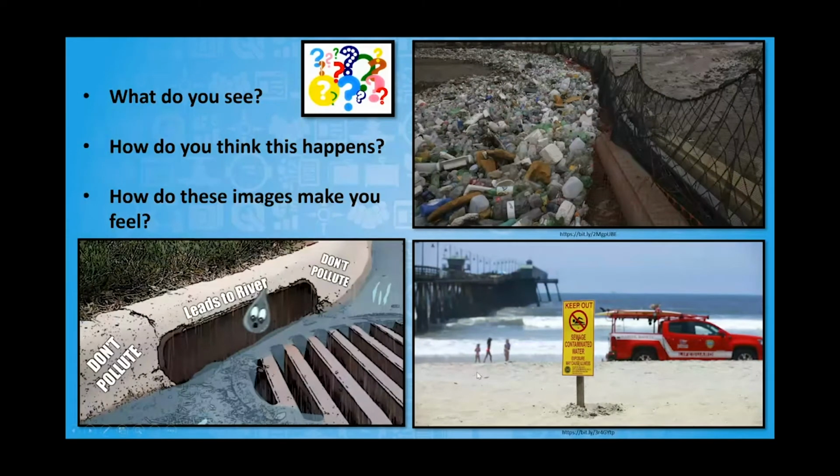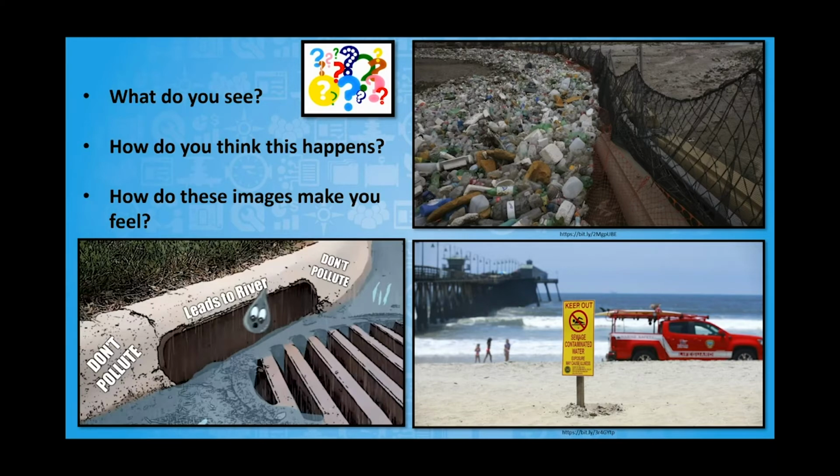Now let's move to our second part here. I want to change the flow, showing you some images. I see 3 different pictures here. Again, you can share your responses in the Q&A or share any comments that you have. Take a look at these pictures and tell me, what do you see?